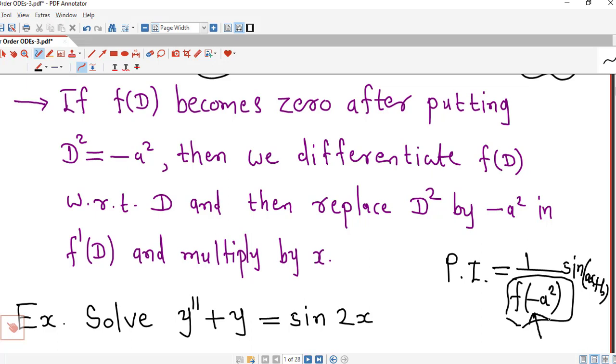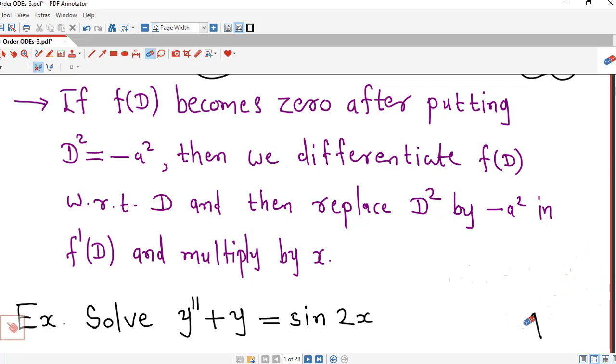That is, if this quantity remains non-zero after replacing D square by minus a square. That will be clear from the examples which we are going to discuss.